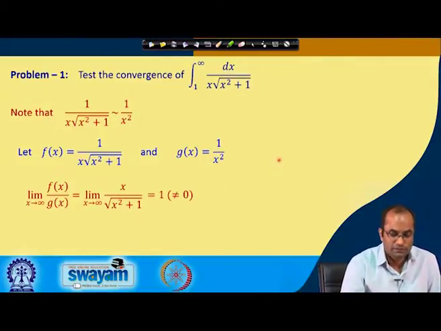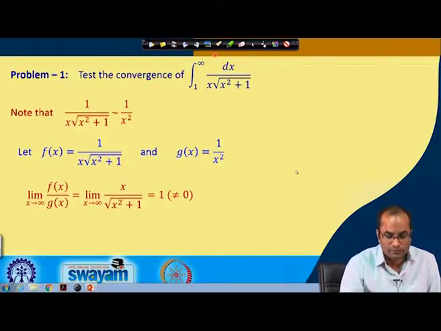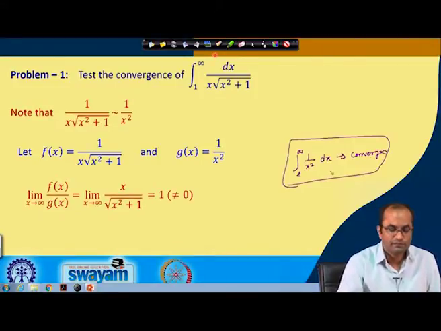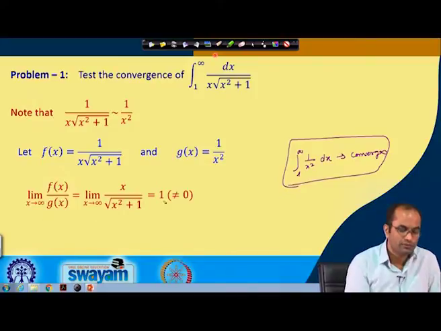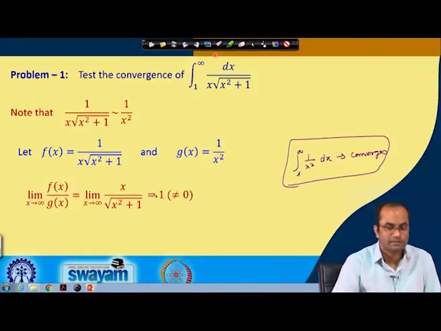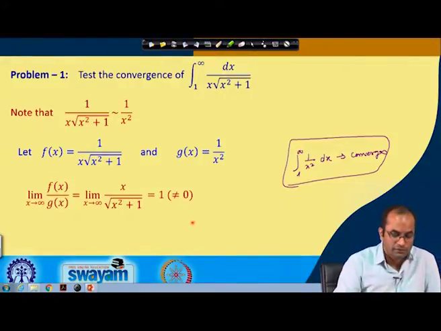This integral converges, that we know from that test integral. So, if this converges and this ratio is coming to be 1 as a constant, then the other integral will also converge.